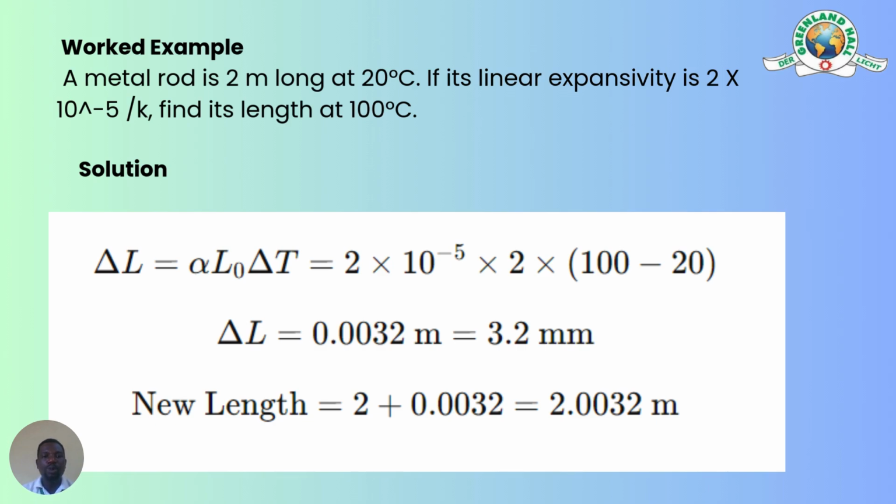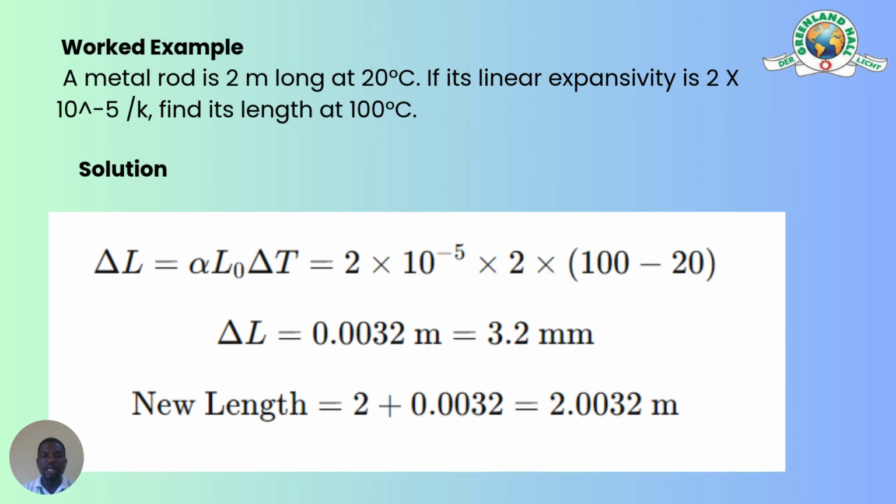That is 0.0032 meters. Now, when you add it to the original length, it will give you the length at 100 degrees Celsius. You may be thinking that this increase in length is insignificant, that it is not useful because the amount is just too small.